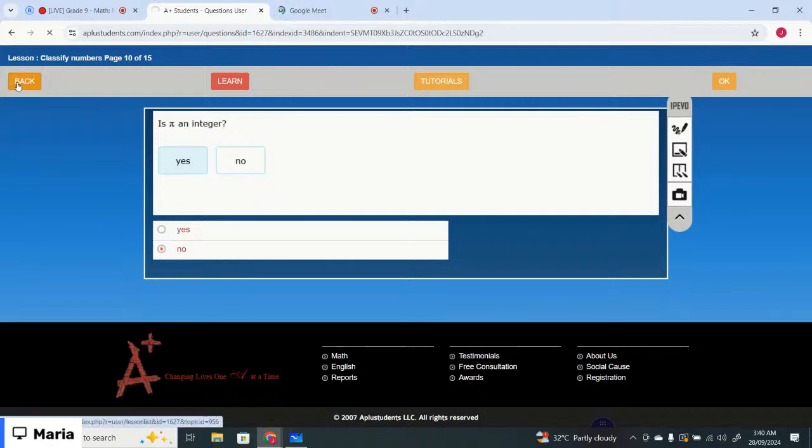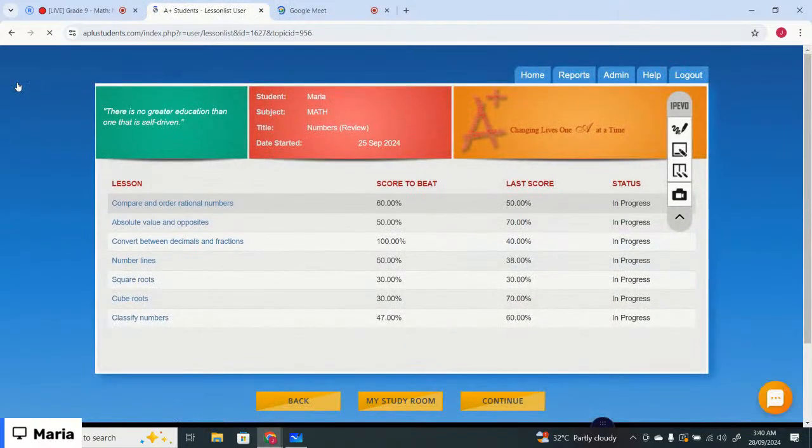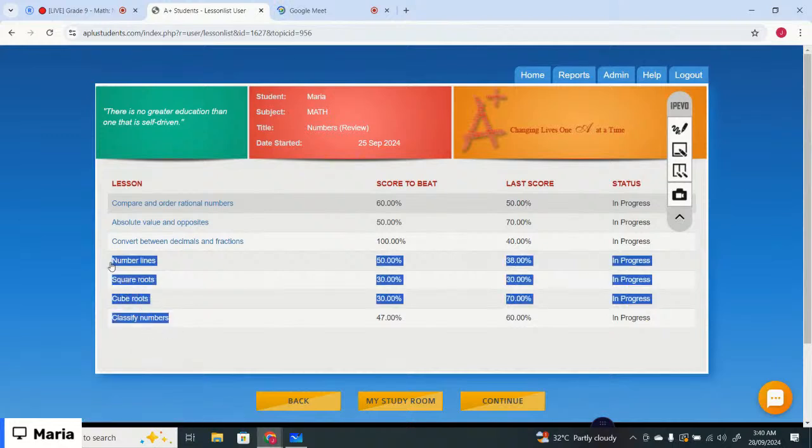So we were working on grade 9 math. The chapter we were working on is numbers. The lessons we have covered today are number lines, square roots, cube roots, and classify numbers.